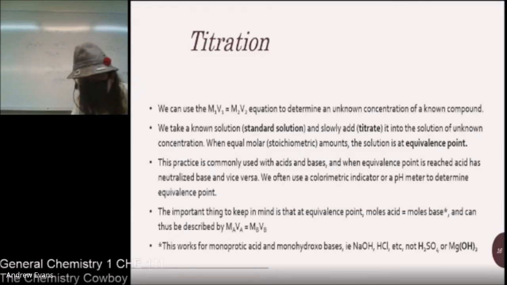This will work with most simple monoprotic acids and monohydroxyl bases, such as sodium hydroxide, HCl. But it's not going to work so nicely with H2SO4 that has 2 protons, or Mg(OH)2, which has 2 hydroxyls.